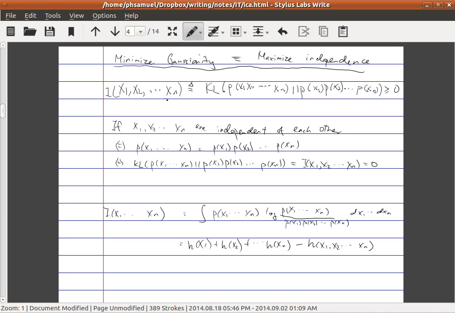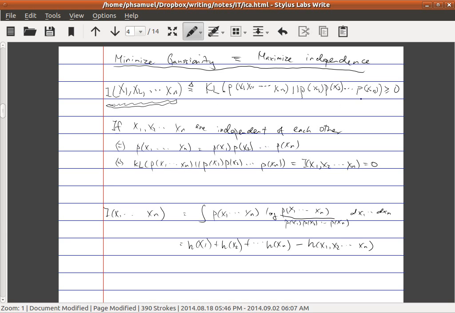Honestly, introducing mutual information this way is not a unique definition. Some other authors use other definitions.